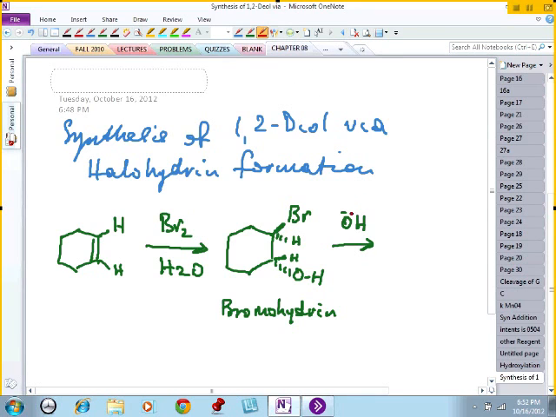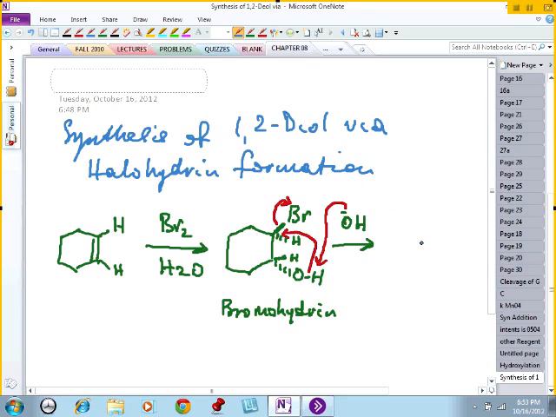And what happens? The hydroxide will act as a base, come here, in an acid-base reaction, pull the proton from this hydroxy group, and then the electrons that are left behind will be used to attack this carbon here, and in so doing, kick this bromide out of the molecule to form an epoxide.